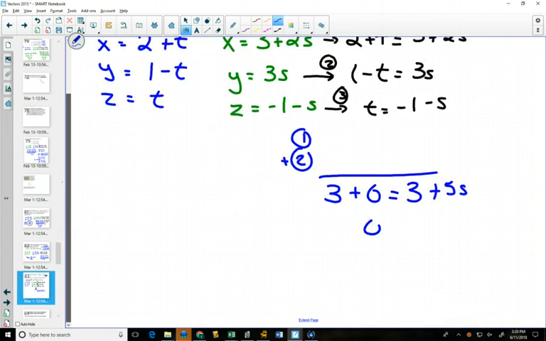If I move things over, I get 0 is equal to 5s. So s has to be 0. Now I'm using equation 1 and equation 2.